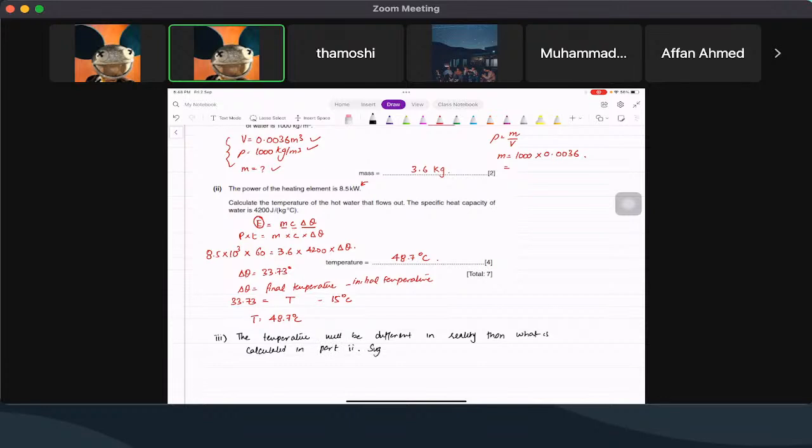Suggest a reason why. So this is the type of question they're going to ask. So what do you think? Why would the temperature be different in reality than the one we have calculated? We lose heat to the surroundings. Yes, because some of the heat is also lost to the surroundings.